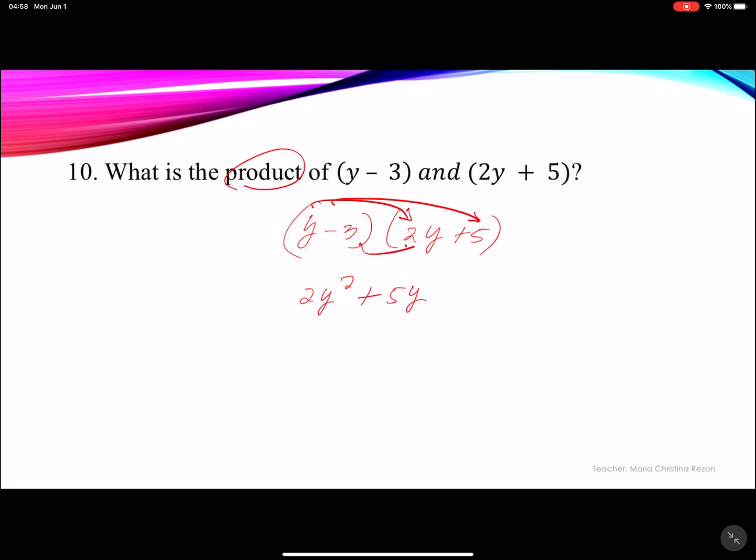And then this, you will have negative 6y, and that is negative 15. So combine like terms, you will have 2y squared minus y minus 15. So this is now your final answer.